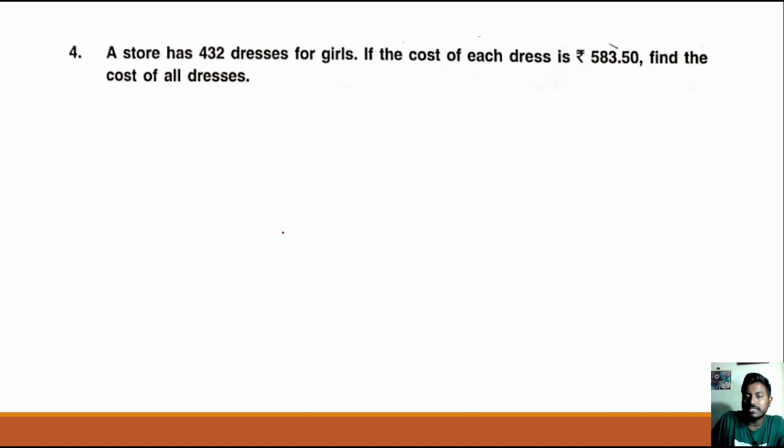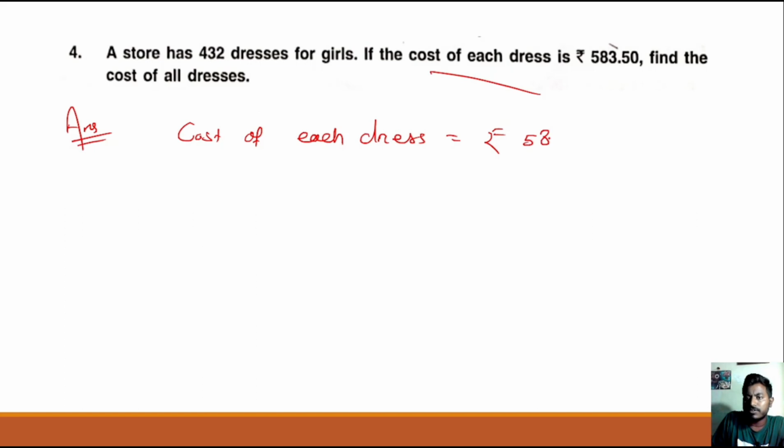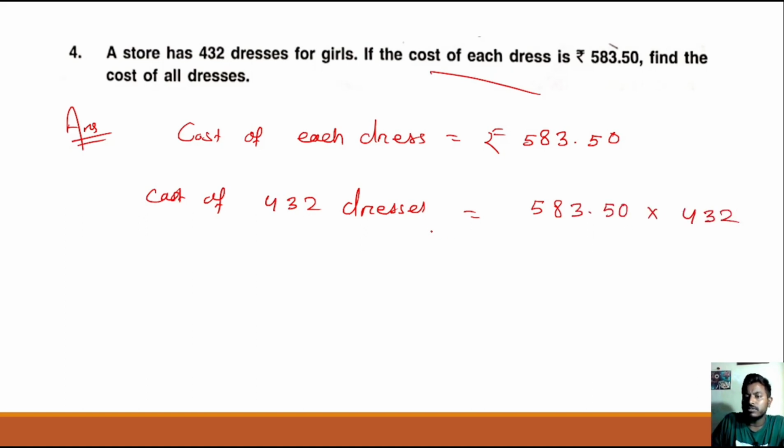If the cost of each dress is rupees 583.50, write down the cost of 432 dresses: multiply 583.50 into 432. Simply multiply, then write down the value.